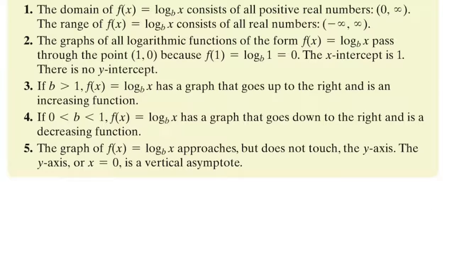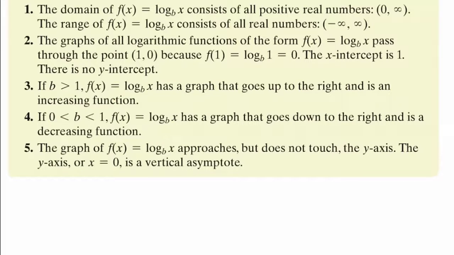The domain is all positive real numbers. Notice it does not include 0. It cannot reach 0, so we use an open parenthesis. So that's my domain. Its range is all real numbers. So the domain and range is flipped from what an exponential has.